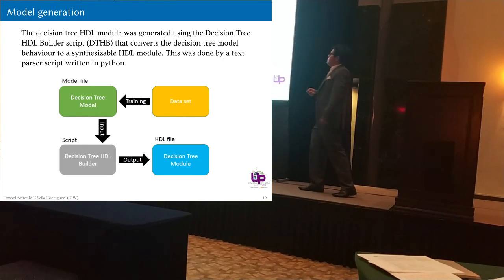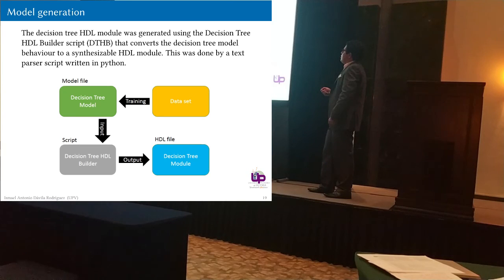After that, this is the main topic of the project: to make a script in Python that is called Decision Tree HDL Builder. First of all, we got the dataset only in pixels, right? Then we trained the model with Weka.